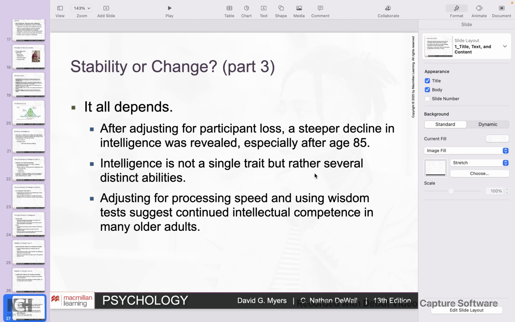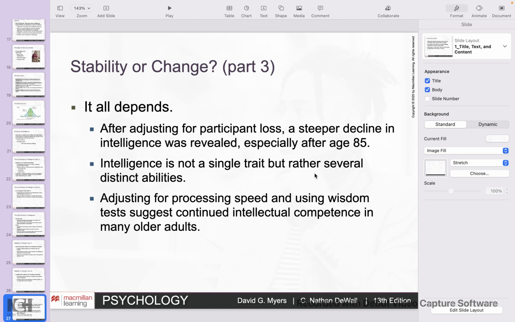intellectual decline. Once we started taking a look at some of the participant loss in our longitudinal studies, we really noticed that a steeper decline really is not present in individuals until especially after age 85. So many individuals can live well into their 70s and still maintain their high level of intellectual achievement.